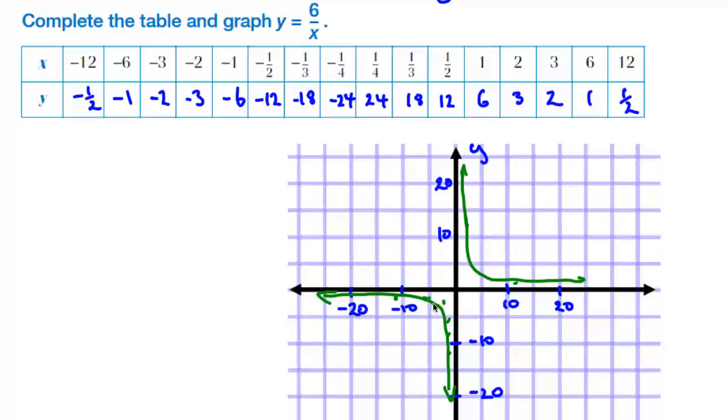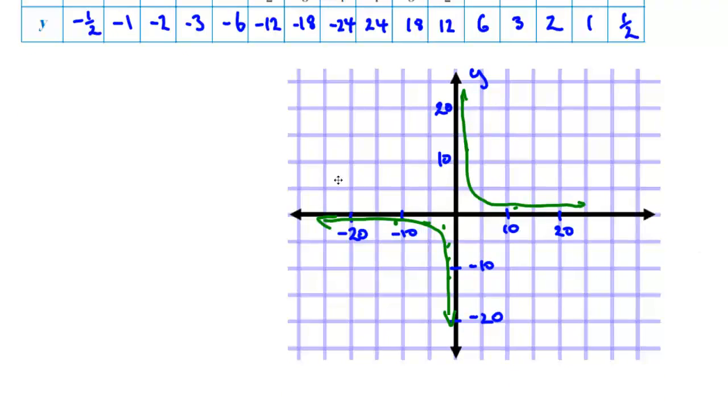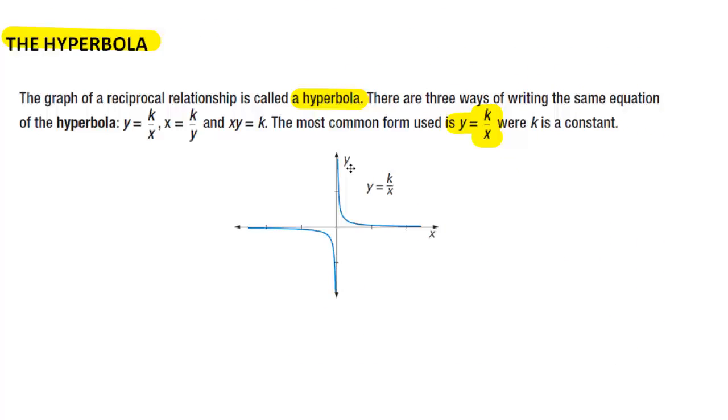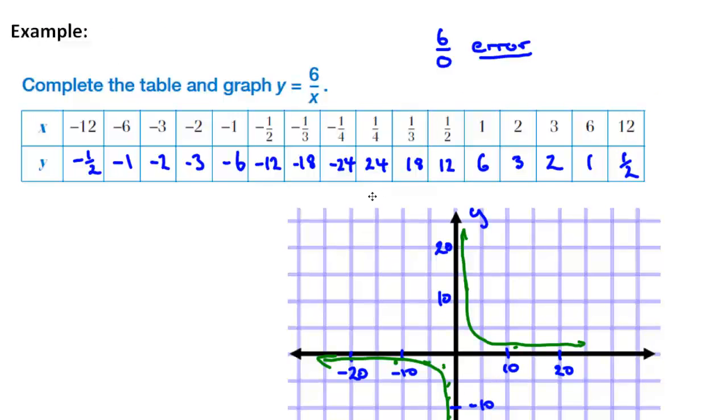And notice that I made a mistake with the signs. You've got to be very careful with the signs and get the negatives with the negatives and so on. But you've just got to practice having a go at plotting these, and then you should be right with them. But that's a typical hyperbola. And I'll just go back to the previous screen. That's a nice, neat one. And I think if you actually went and drew one, this is probably what you see.